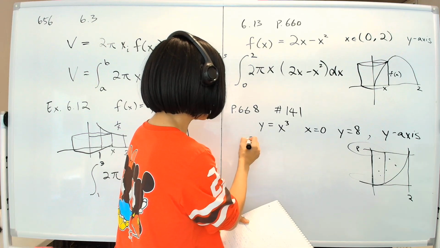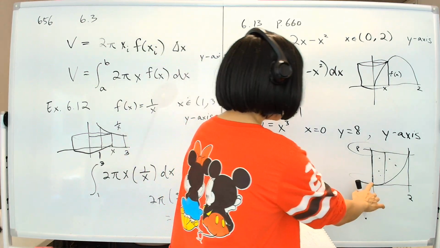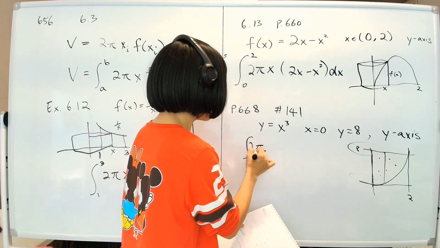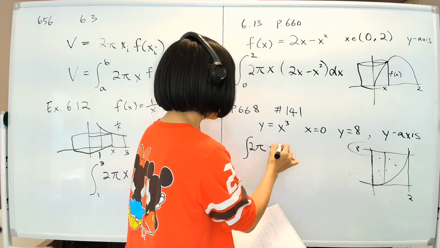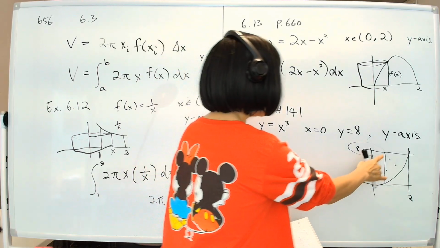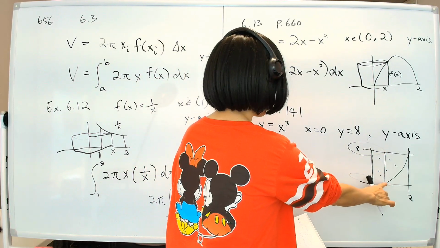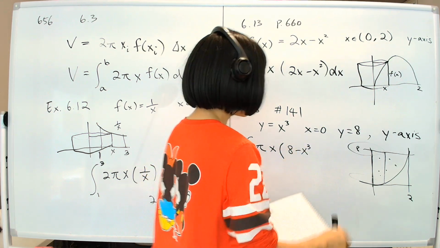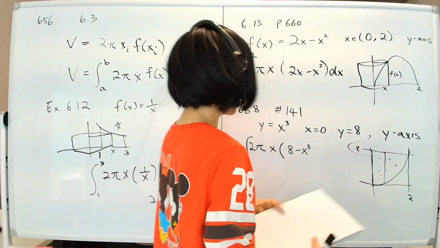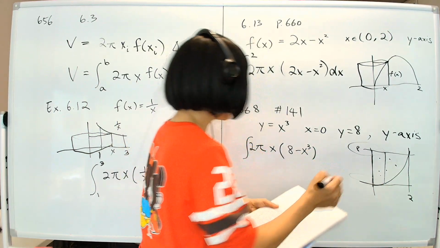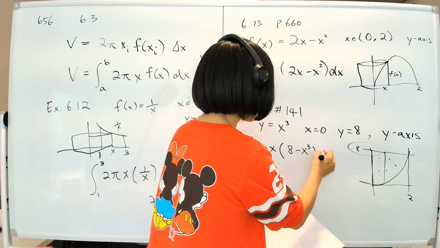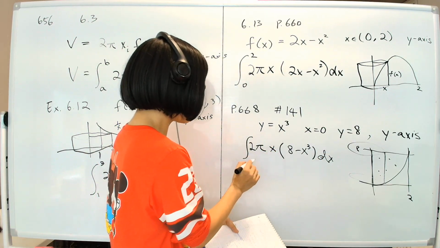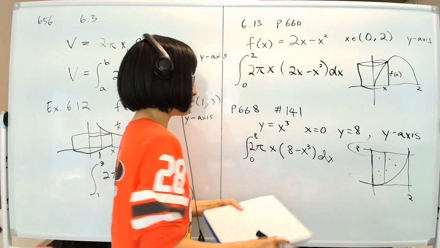We'll set this up as the distance will be x for the radius, so it's 2 pi radius, which is x, and then the y distance is, the y goes from 8 to x cubed, so 8 minus x cubed, because it only goes down to here, so you have to figure out which way it goes. Then dx, and that will be the volume of one shell. And then when we sum it all up from 0 to 8, we get the whole thing.